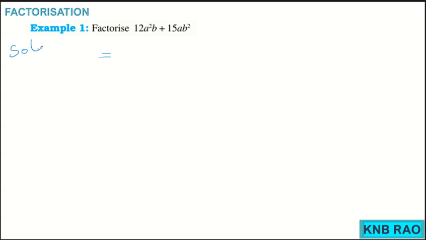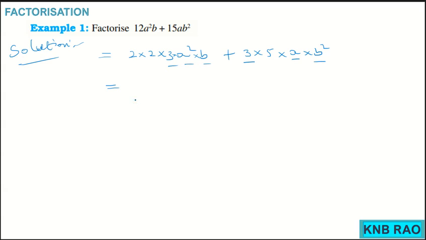So, solution: 12a square b can be written as 2 into 2 into 3 into a square into b, that is 3 into a square b. 15ab square can be written as 3 into 5 into a into b square. Now you can see 3, one a, and one b being common.